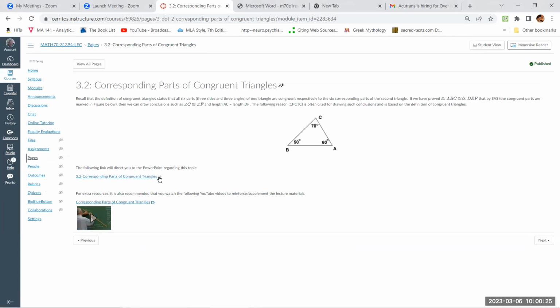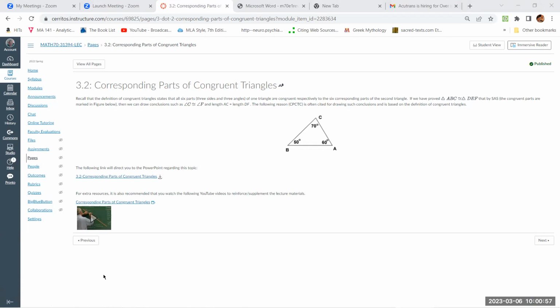The difference here is that if we have proved that two triangles are congruent, say using SAS, for example, but you could use any other theorem that works.